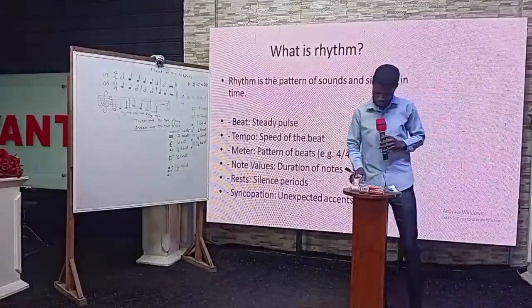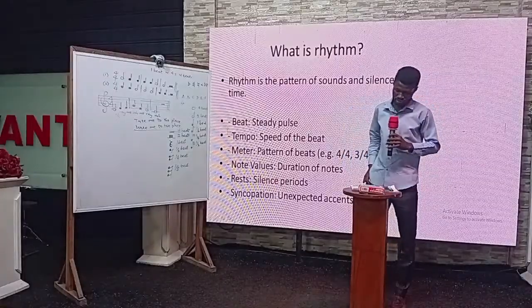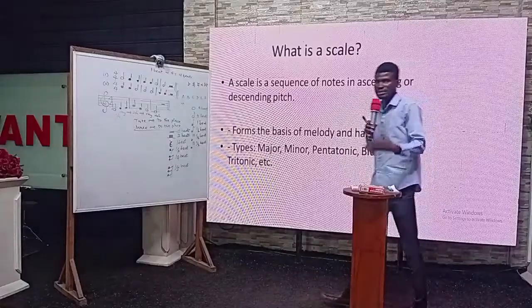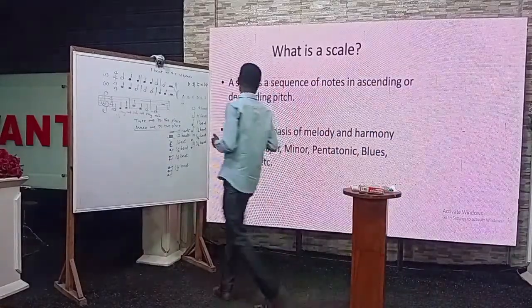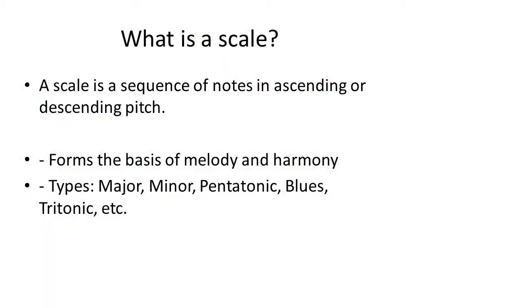And then we go to what is a scale. Let's talk about scale. A scale can be defined as the musical ladder of notes that ascend or descend from a starting note. We can also define a scale as a sequence of notes in ascending or descending pitch.